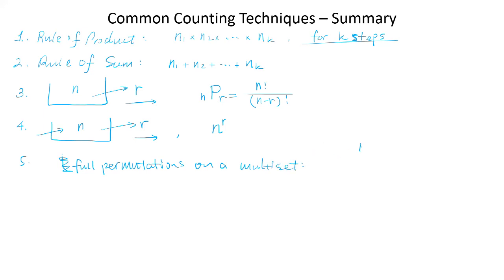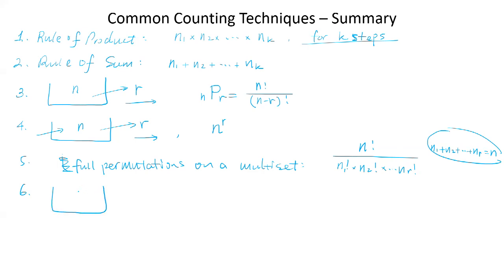The total number of ways to do this is n factorial over n1 factorial times n2 factorial times ... nr factorial. Note that the sum of n1, n2, ..., nr is n, and n1 is the number of identical elements of the first kind, n2 is the number of identical elements of the second kind, and nr is the number of identical elements of the rth kind, right?